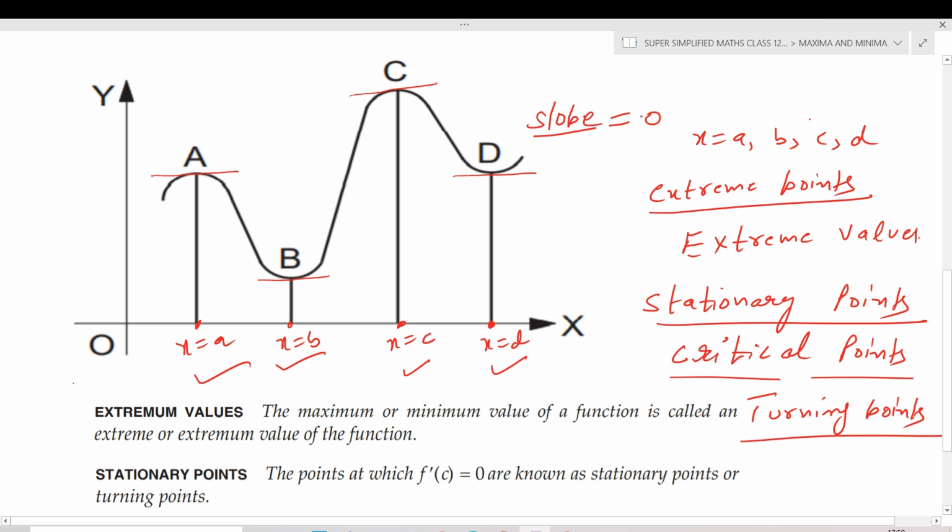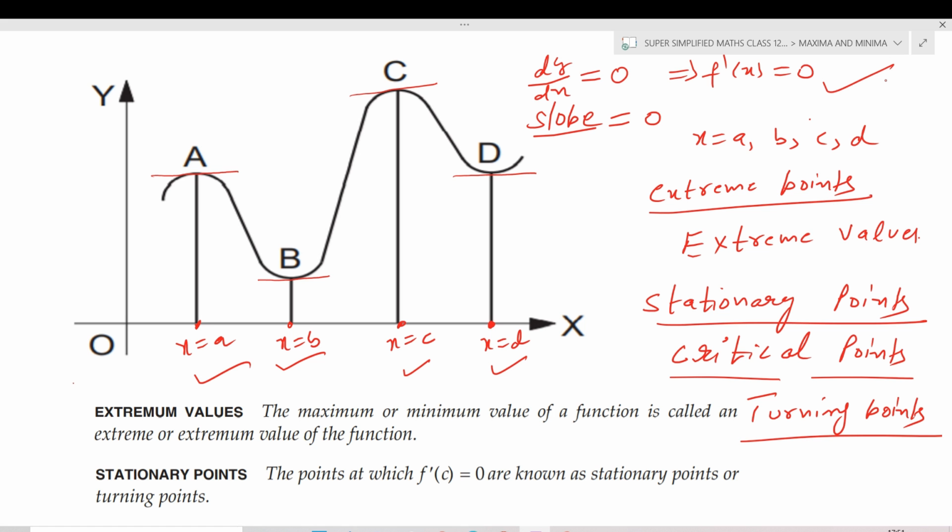That means the derivative of the function at all these points is going to be 0. That means f dash x is going to be 0 at all these points A, B, C and D. So we are going to use this property while finding out the local maxima and minima, etc. Here I am only familiarizing you with the different terminologies that we use in maxima and minima.